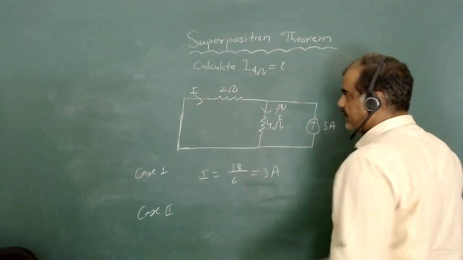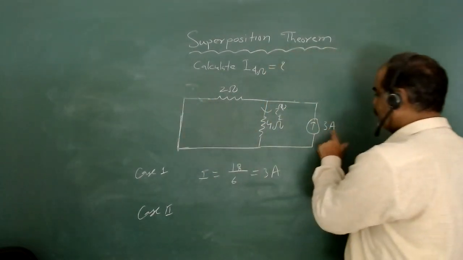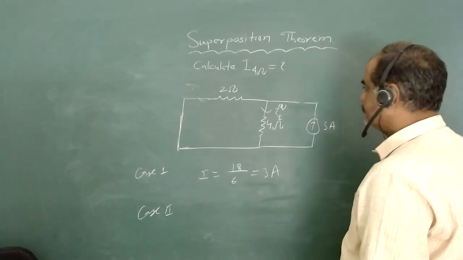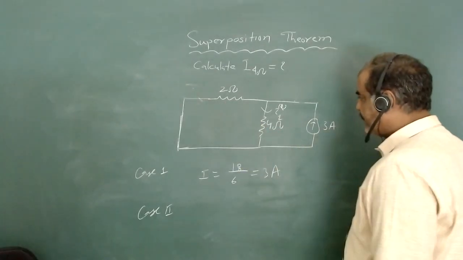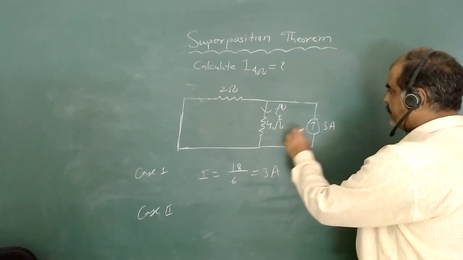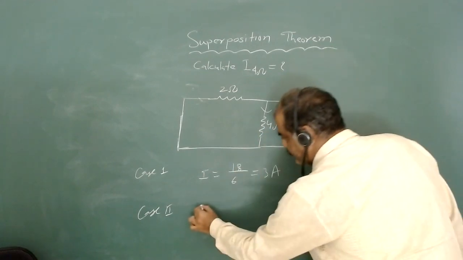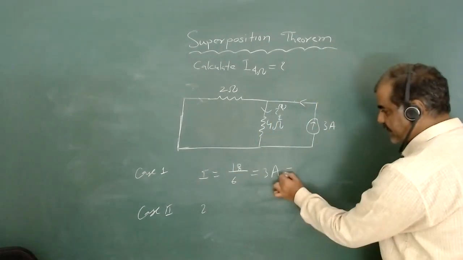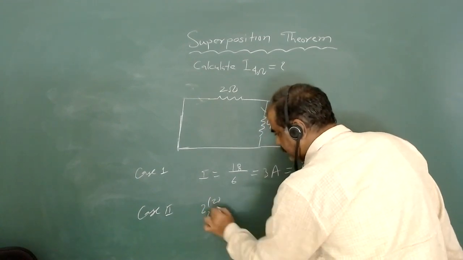Now I want to calculate the current in the 4 ohm resistance due to this 3 ampere source. These two resistances are in parallel, so I can apply the current division rule. Total current coming is 3 ampere. Say this is my I11, and in the second case I12.